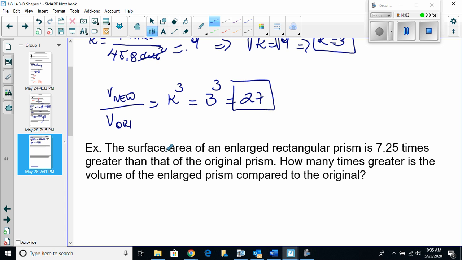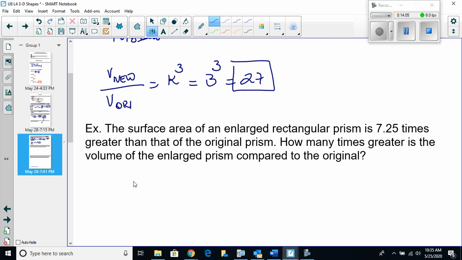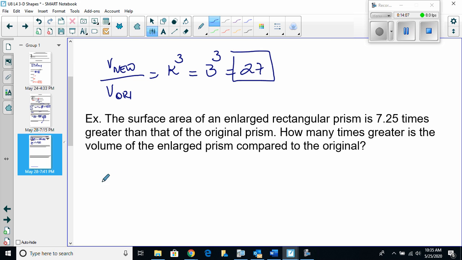The surface area of an enlarged rectangular prism is 7.25 times, so k squared, greater than the original prism. How many times greater is the volume of the enlarged prism compared to the original? It's the same thing.